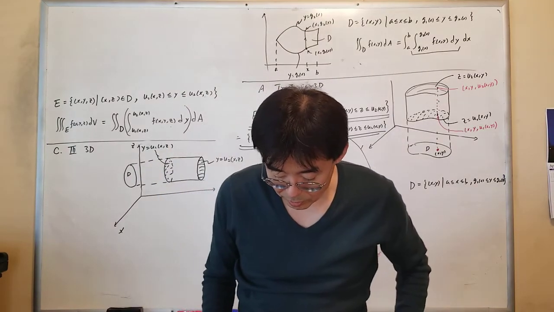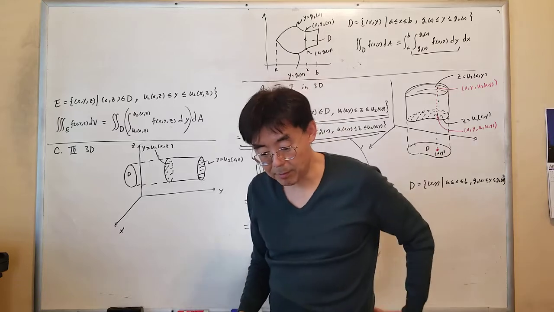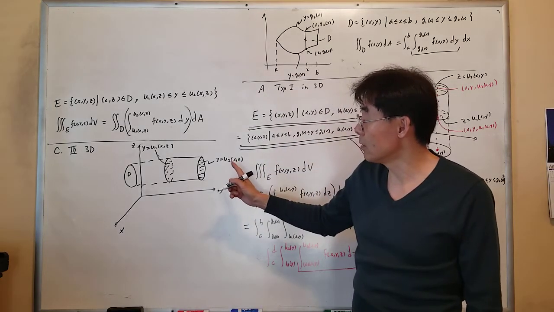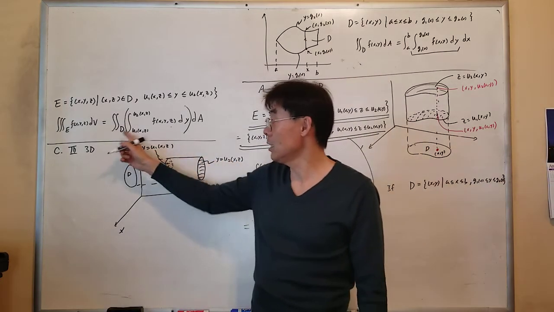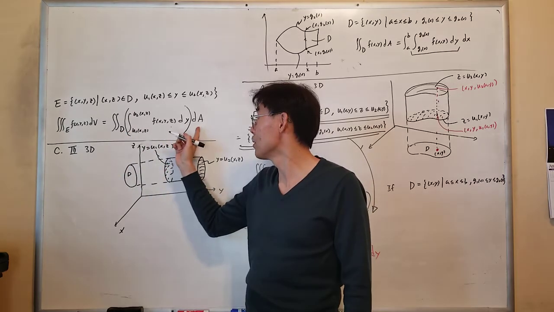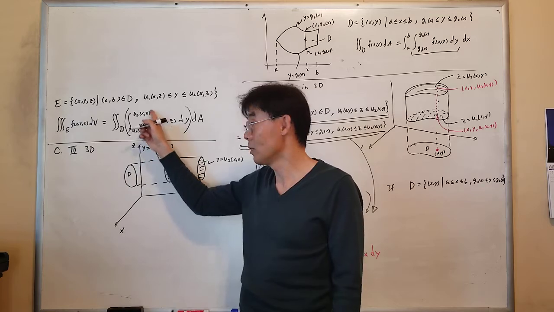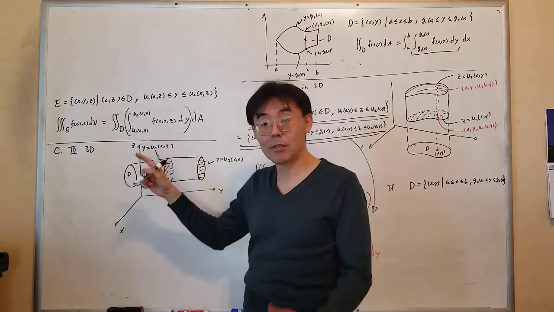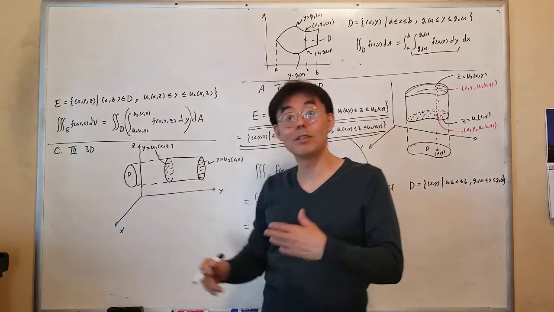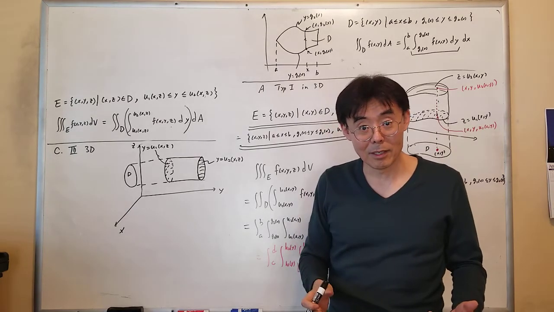So that would be the setup of the triple integral as an iterated integral of a double integral with respect to, in this case, x and z, and then y runs from here to here. After you get this as a function of x and z, you do the double integral with respect to x and z.